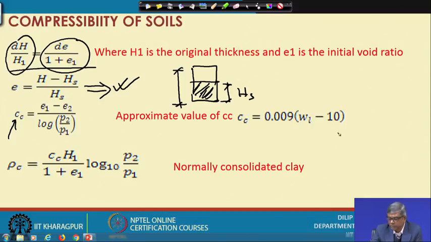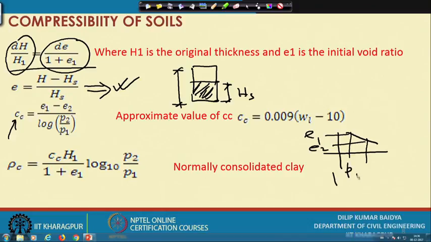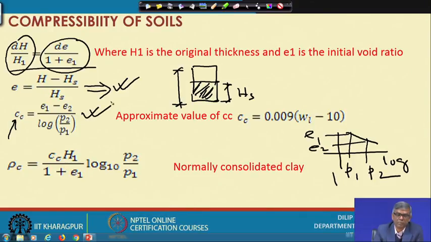If your curve is like this, with P 1 and P 2, and E 1 and E 2, and this is in a log scale, then your expression for the compression index is E 1 minus E 2 by log P 2 by P 1.